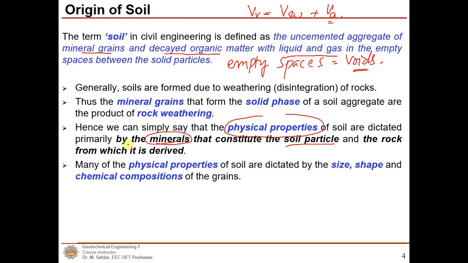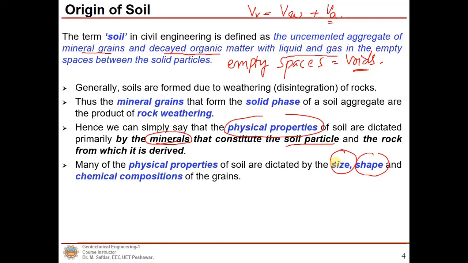Many of the physical properties of the soil are dictated by the size of the particle and the shape of the particle, whether particles are clay sized, sand size, gravel size, cobble size, or boulder size. For example, we may have rounded particles, angular particles, flat particles, or elongated particles.